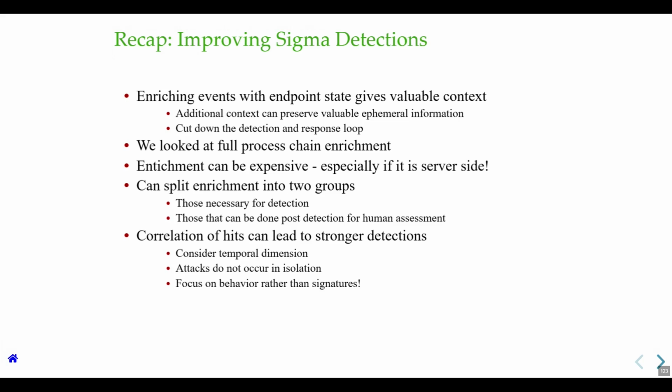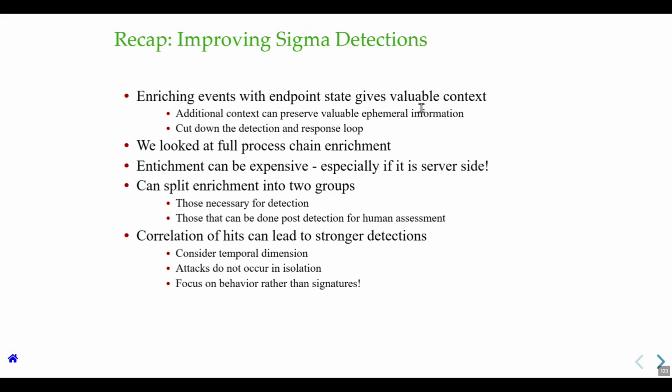And then we looked at this example of full process chain enrichment, which is important to get that information to add to the evaluation of the event. But it can be expensive, especially if we're doing a lot of these enrichments server-side.